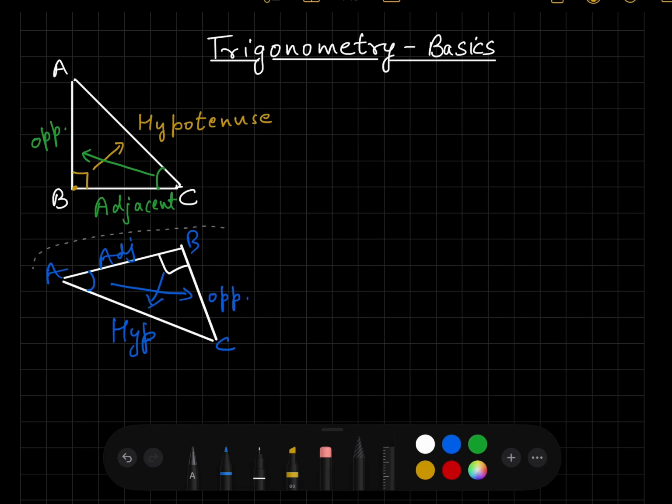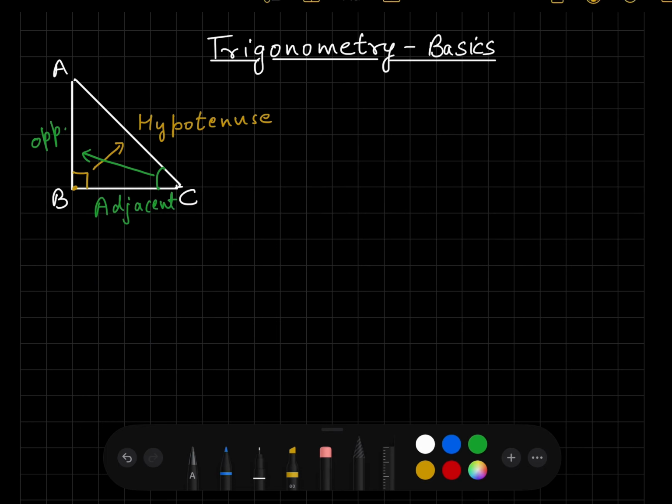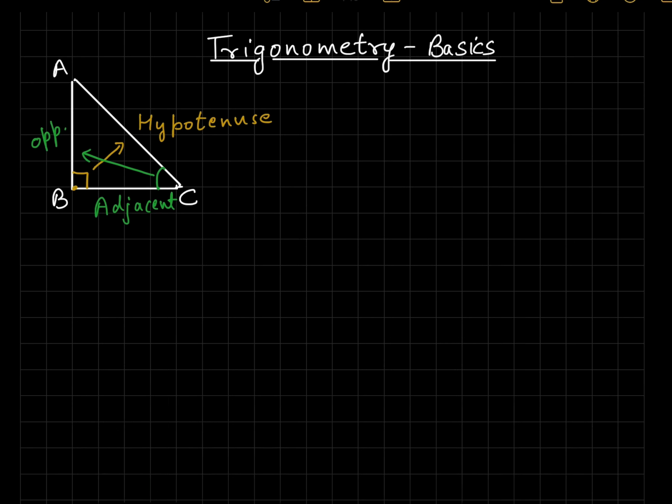Now after identifying all these, in trigonometry we learn the ratios. Always we talk about the ratios in trigonometry. So the first ratio is sine of the angle, sine of angle C. I have taken angle C here.